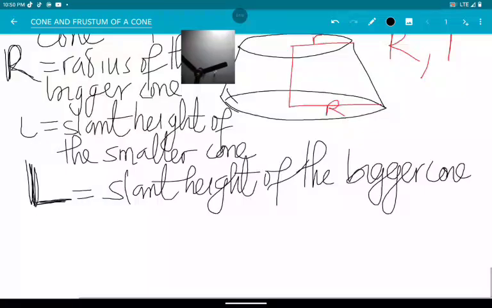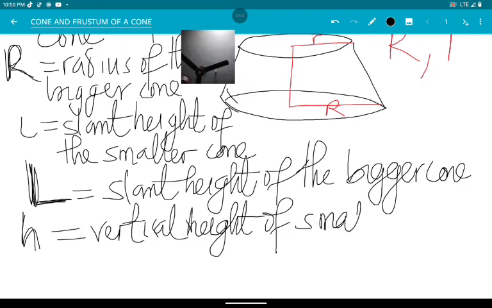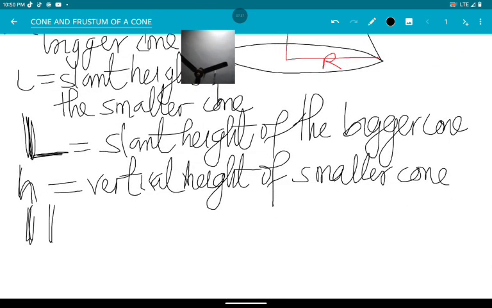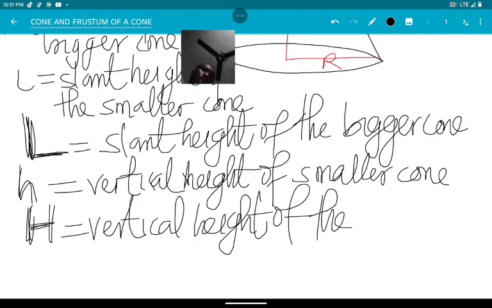All right, so we move on to small h. Small h is the vertical height, or the height of the smaller cone. Take note, the vertical height. So what we are dealing with is the smaller cone and the bigger cone. The capital letter H is the vertical height of the bigger cone.